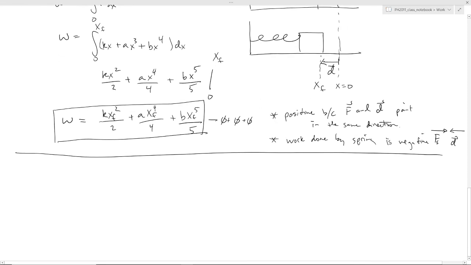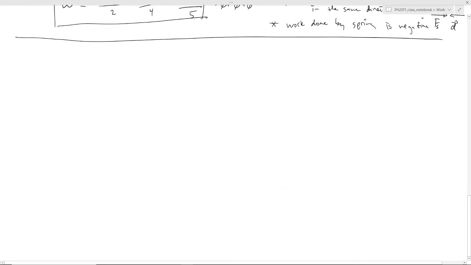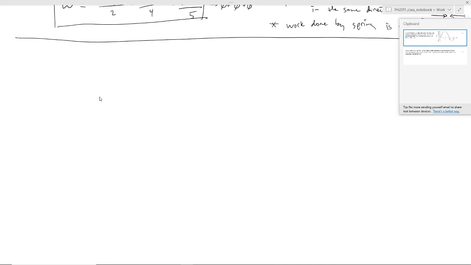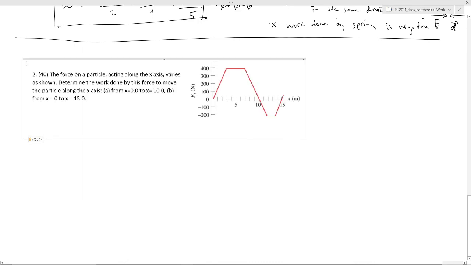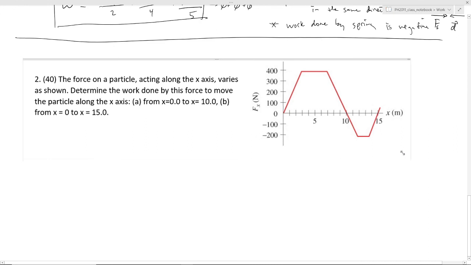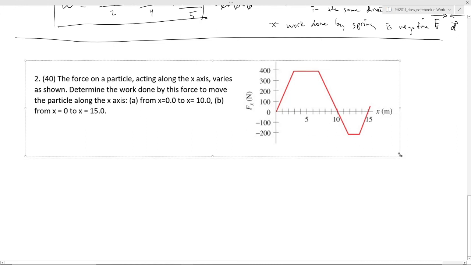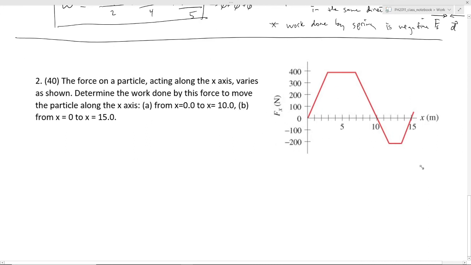So let me show you a different kind of problem. And I think there's a problem like this in your homework as well. So this is a graphical style problem. Another way to think about forces that vary is to consider the situation graphically.